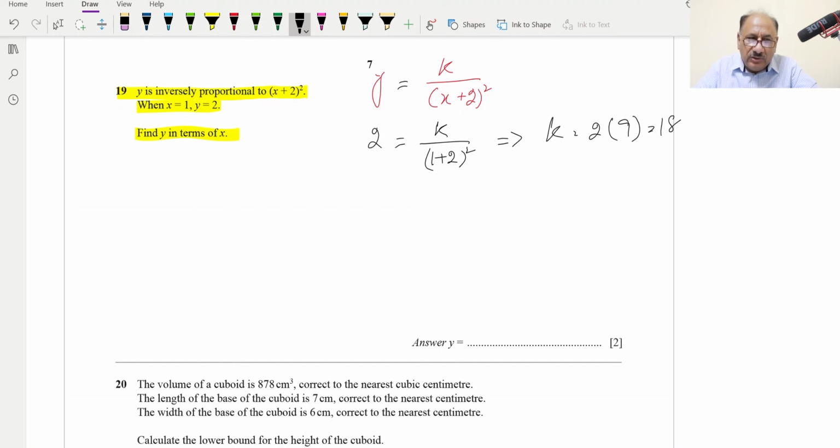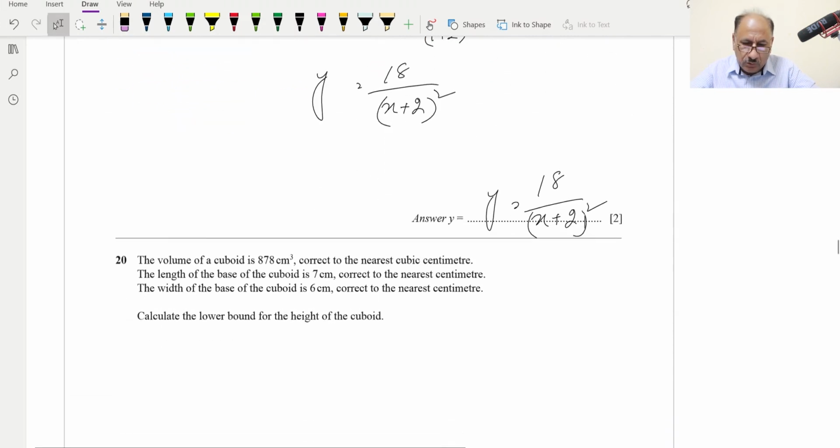So k value is 18. Now we can write the equation y is equal to 18 over x plus 2 squared, and this will be our final answer. This is also a 2 mark question.